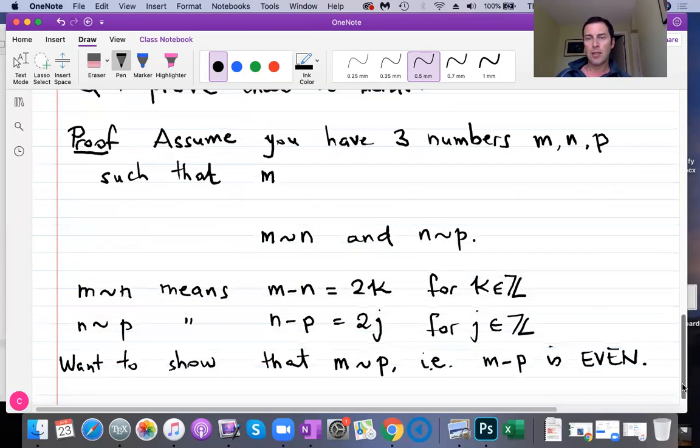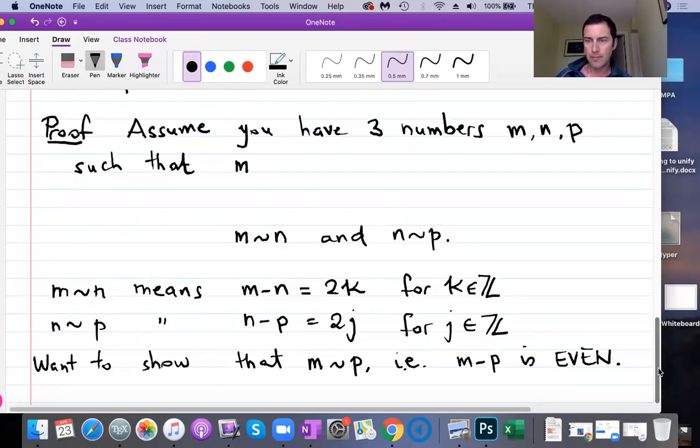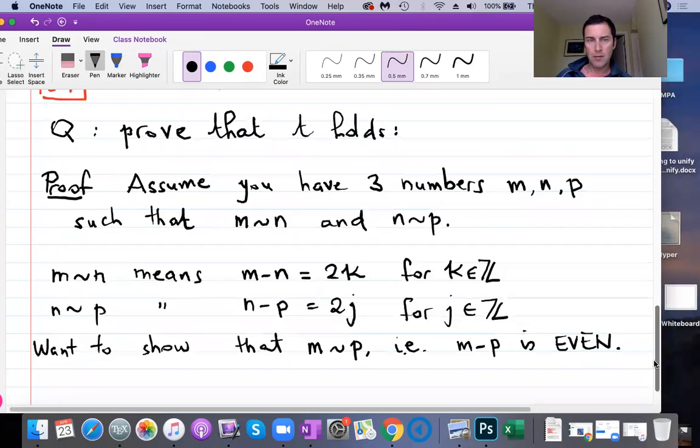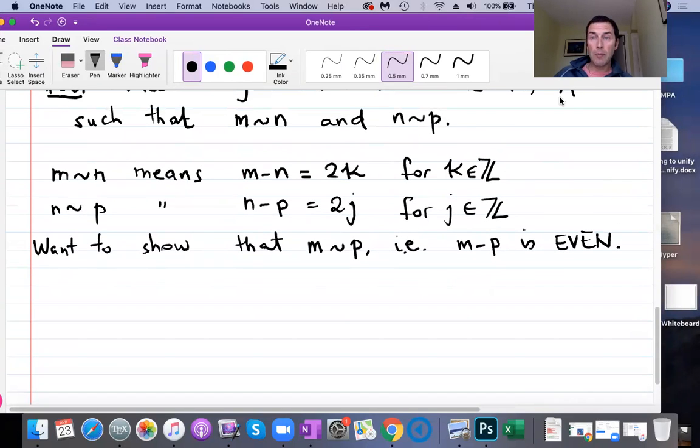Okay. So now how do we use the hypothesis to show that M minus P is even? Well, we say M minus P is equal to M minus N plus N minus P, right?